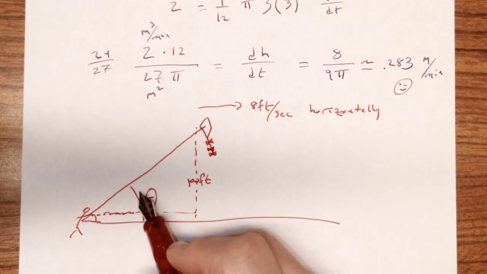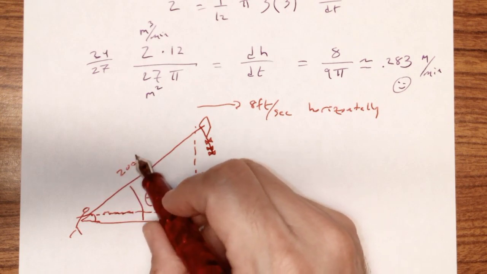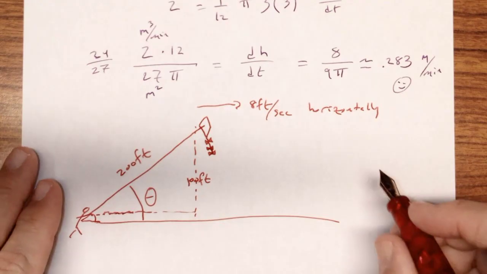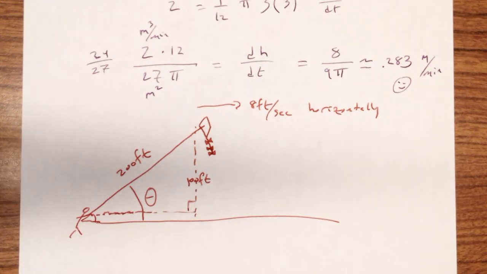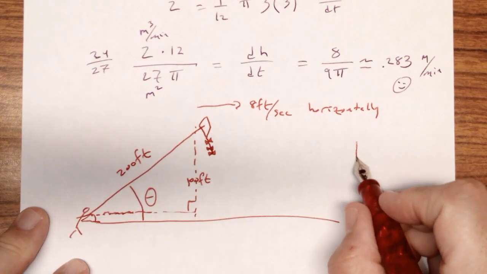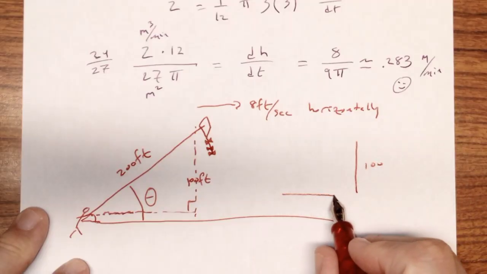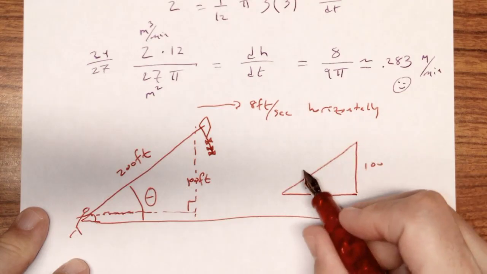How fast is the angle between the string and the horizontal decreasing when 200 feet of string has been let out? I have a triangle. Again, I am assuming that the ground and the string are at right angles to each other. So I know this is 100. I don't know that. I know this is 200.